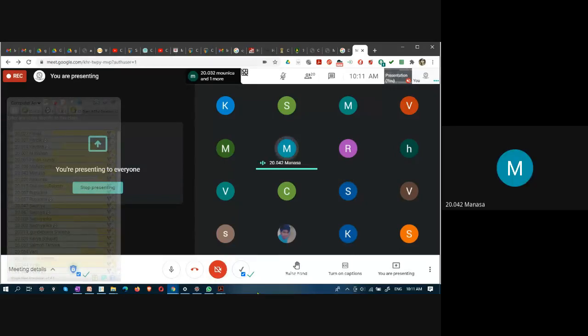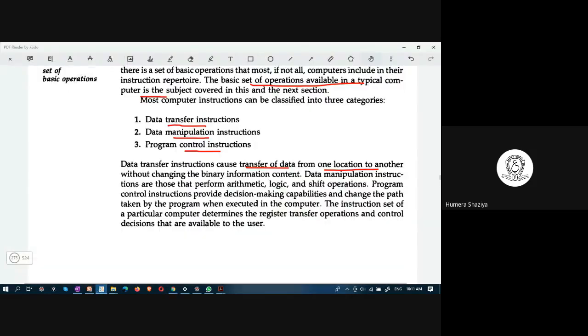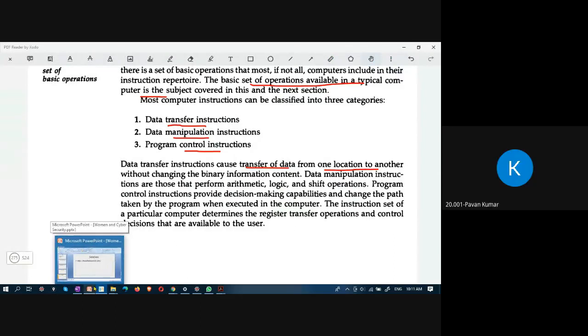Can we use move? Yes, move. MOV is a data transfer instruction. Any other? Ma'am, transfer A. Transfer A, that is the description, no?